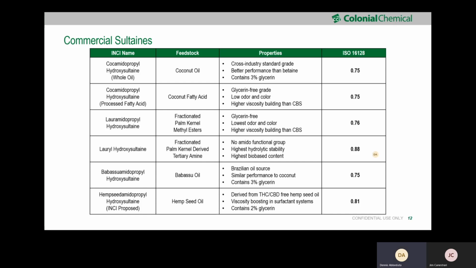Another commercially available product is the lauryl hydroxysultaine. This comes from the tertiary amine, again typically fractionated palm kernel derivatization gets you to here. The lauryl hydroxysultaine from the tertiary amine does not have the amido functional group, and that allows it to have the best hydrolytic stability, which will mean that it'll have better stability in very low and very high pH systems.